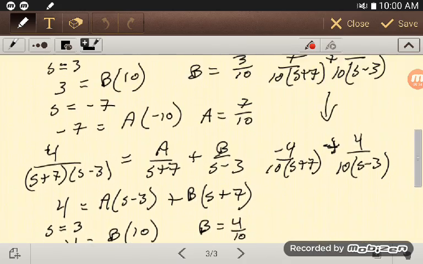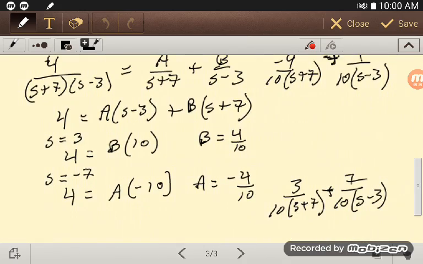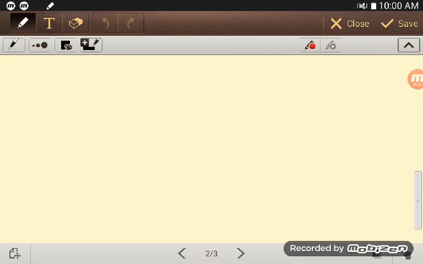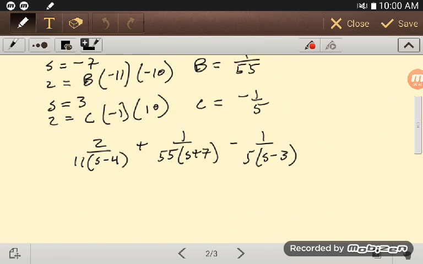Yeah, minus 4, yep, okay. So we had the 3 over 10 and the s plus 7. So I'll come up here, and I can add to that plus 3 over 10 times s plus 7.